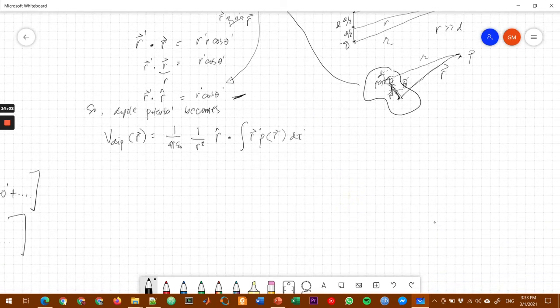And this entity, this factor, is defined as the small p arrow, or the dipole moment. Okay, so that's the dipole moment.